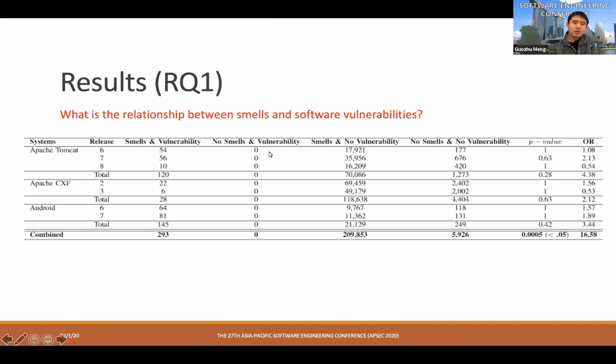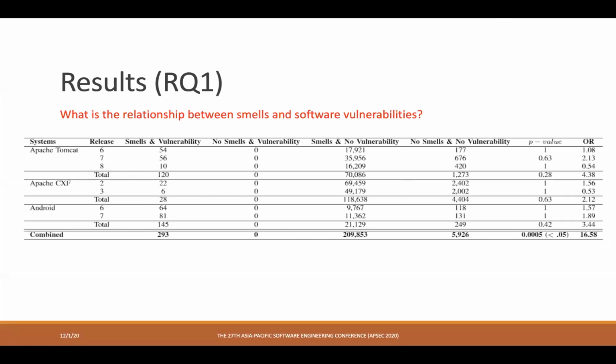So what can we do to help find vulnerabilities in the smelly code, because both smelly and vulnerable code take a very small portion here. If you only consider all the samples of smelly code, you need a lot of effort to filter out the real vulnerable code. So what's your idea to refine the results?